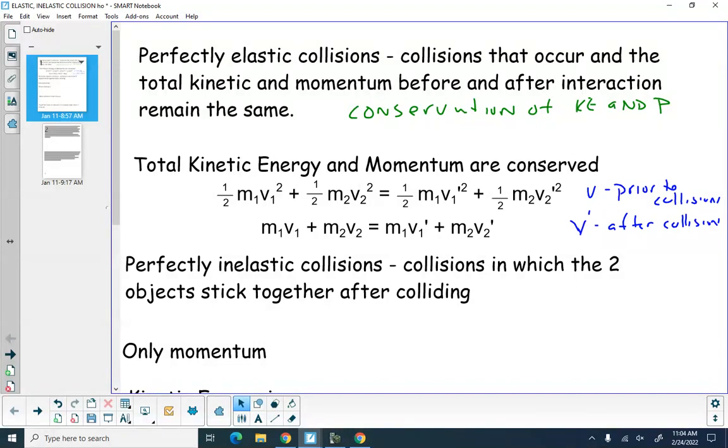So it'd be like having these two carts, and I would have a big wad of gum on one of the carts. When they collide, they stay together. That would be perfectly inelastic. Realistically, your collisions are somewhere in between perfectly elastic and perfectly inelastic.